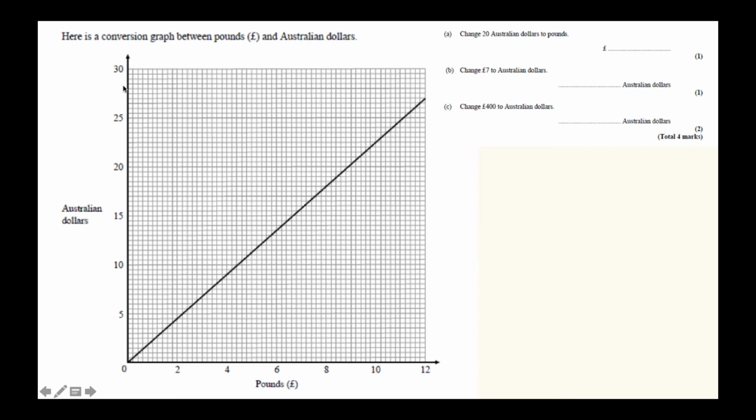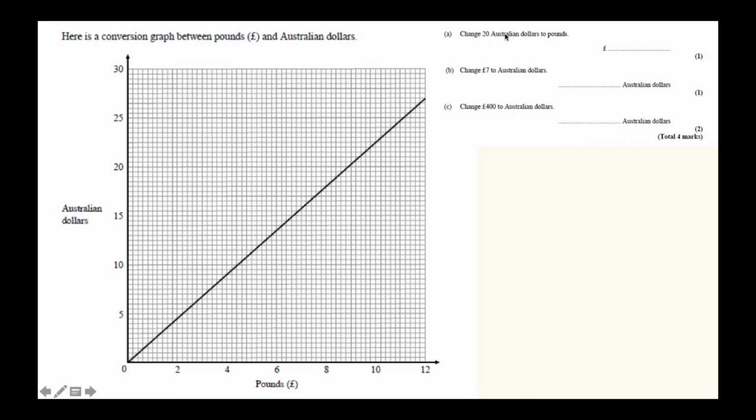It might be money, it might be meters or kilometers or whatever. It could be converting inches to centimeters. It could be anything. But it will then have those down on the side on the axes. So here we've got Australian dollars on the y-axis, on the vertical axis, and pounds on the x-axis, on the horizontal axis, and our diagonal line going straight through the middle.